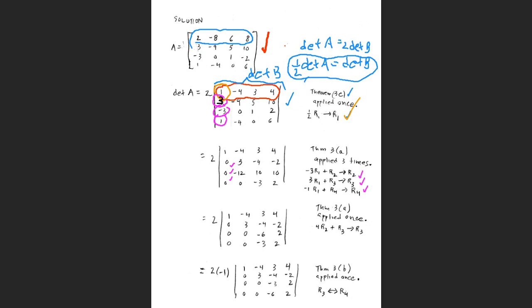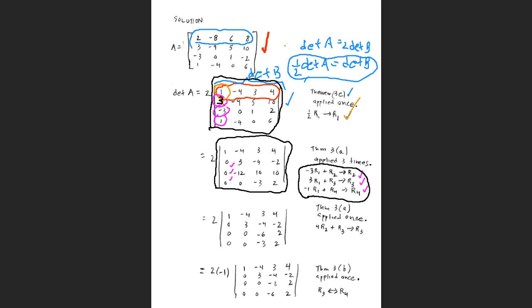Remember, we're trying to get the matrix in echelon form. But how does that affect the determinant? Well, the determinant of this matrix here is equal to this determinant, because the row operations that were done here are all row operations such that a multiple of one row was added to another row.